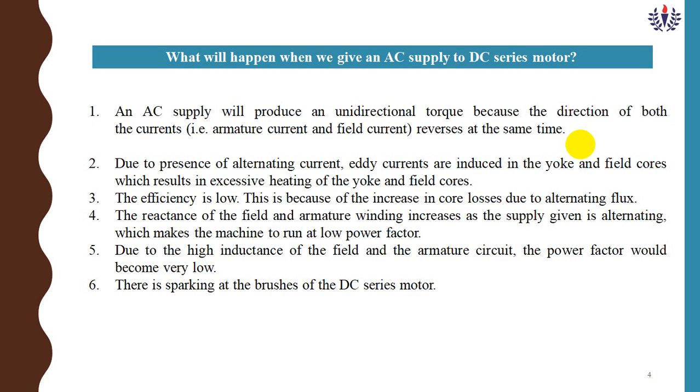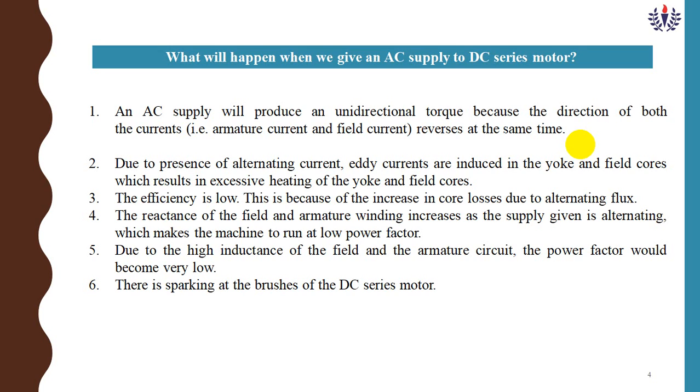Due to the presence of AC current, eddy currents are induced in the yoke and field cores, and excessive heating is produced. Based upon the heating, the efficiency of this motor is low, because there will be an increase in the losses. That is core losses.